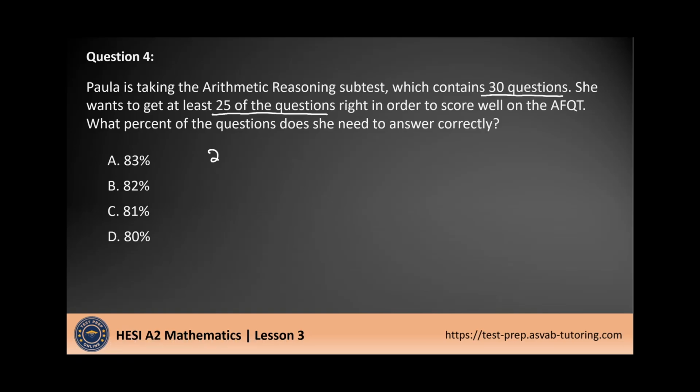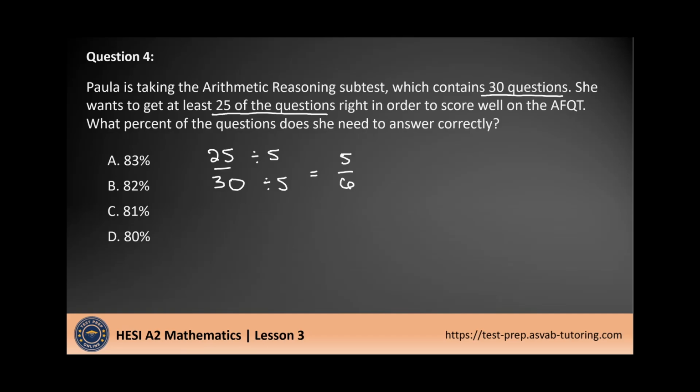So let's write 25 over 30. We see that 25 and 30 end in a 5 and a 0 respectively. That tells us that both of those numbers can be divided by 5, which reduces our fraction to 5 over 6.